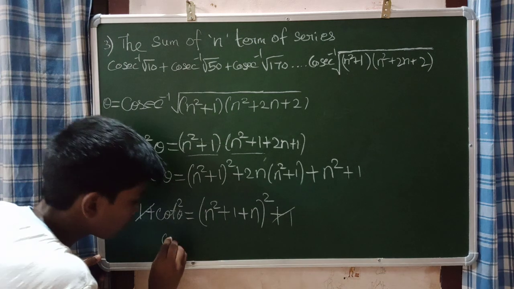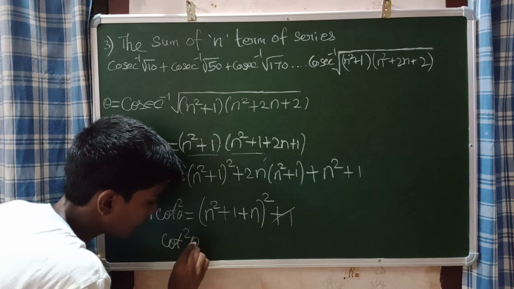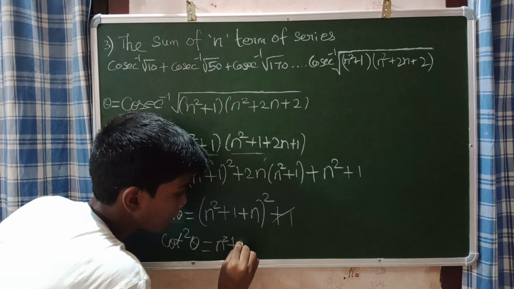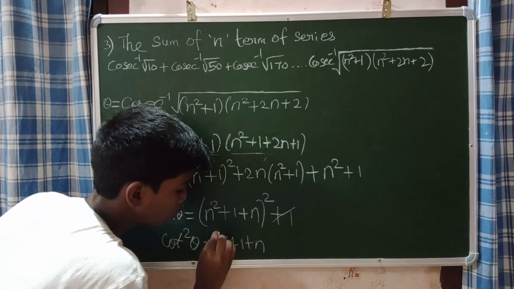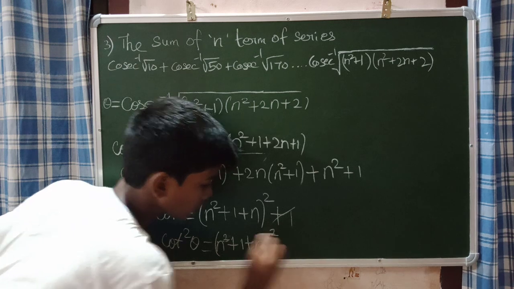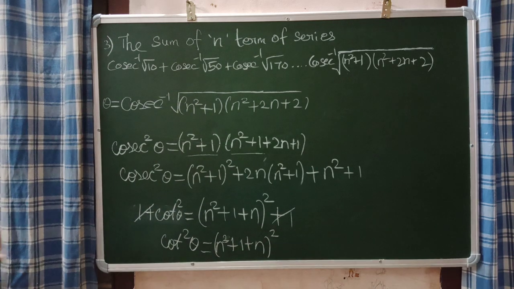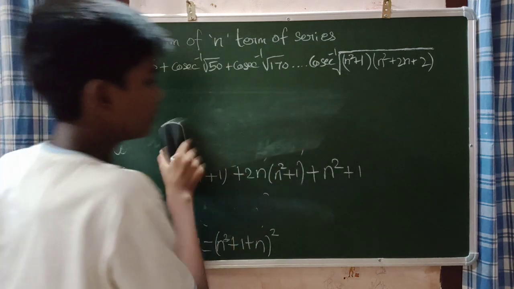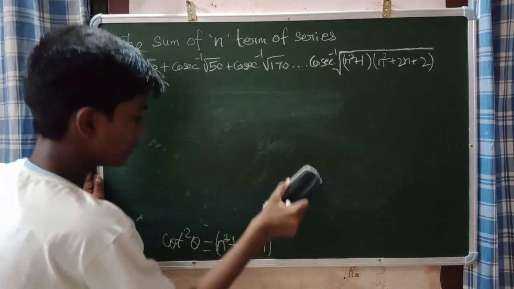So the new thing that we got is cot square theta equals n square plus 1 plus n whole square. This is the cot square theta. Now guys, I will rub what I wrote earlier.